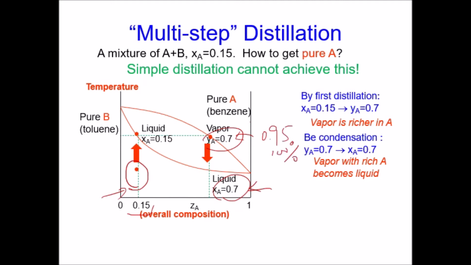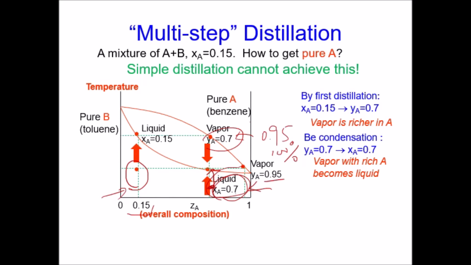One possibility is that after cooling the vapor phase, we get a liquid of 0.7, and then we use this liquid as the initial solution and distill it again. So let this liquid heat until it boils. For the vapor phase, we draw the tie line, and the gas phase should have an even higher concentration, from 0.7 to 0.95.